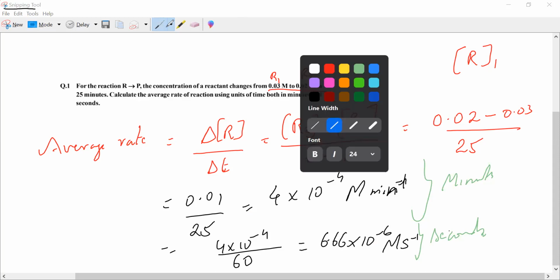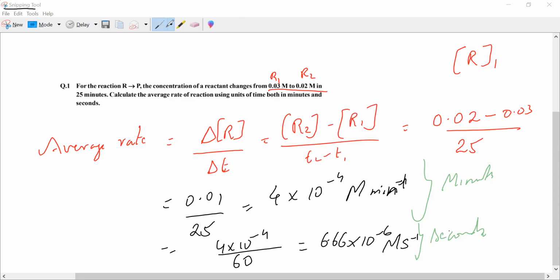Vaishnav, everything is okay. Perfect. Then fine, let me take a screenshot of the next question with the snipping tool. One second.